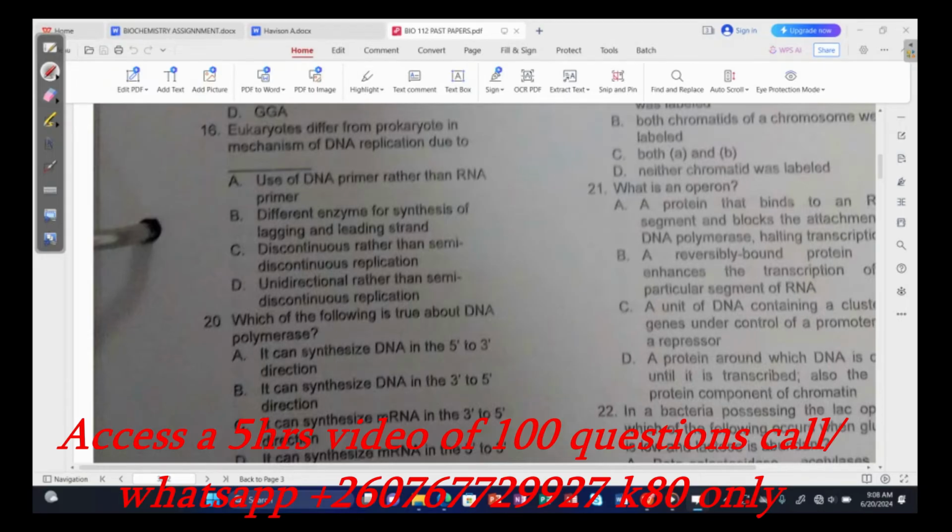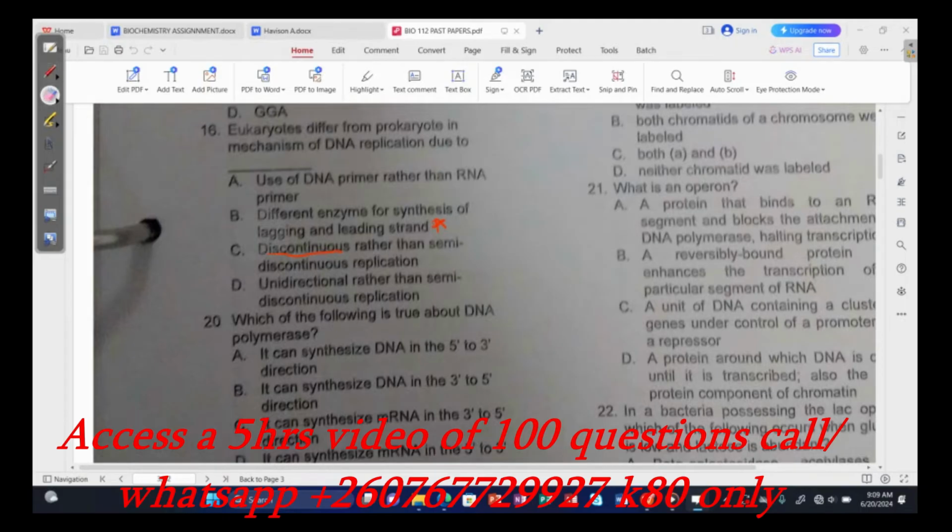B is saying different enzymes for synthesis of lagging and leading strand. That is, eukaryotic DNA replication has different enzymes for synthesis of lagging and leading strand. I'll pause here. We'll come back. C is saying discontinuous rather than semi-discontinuous replication. What this means is that in eukaryotic DNA replication, replication is discontinuous rather than semi-discontinuous.